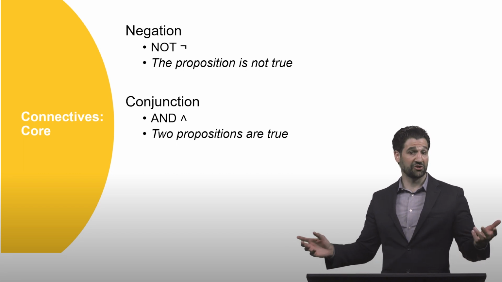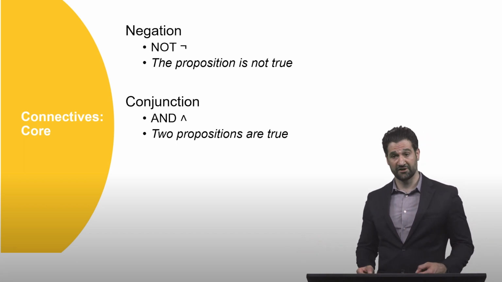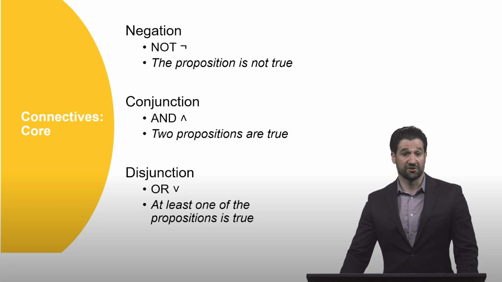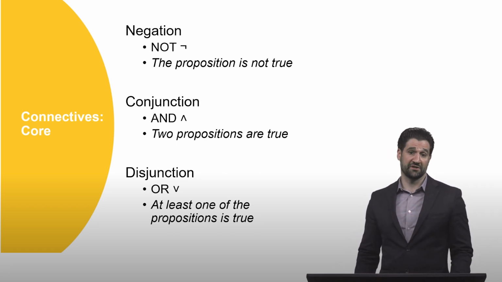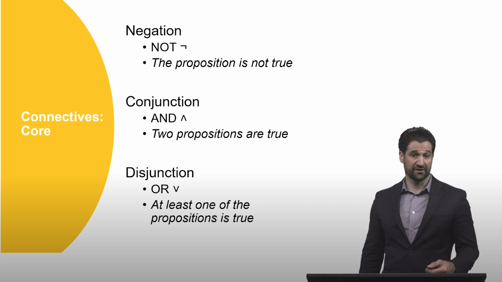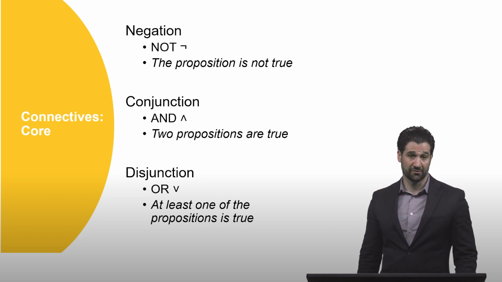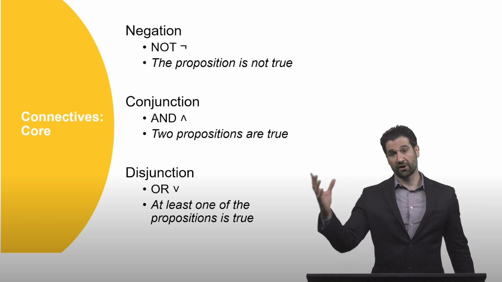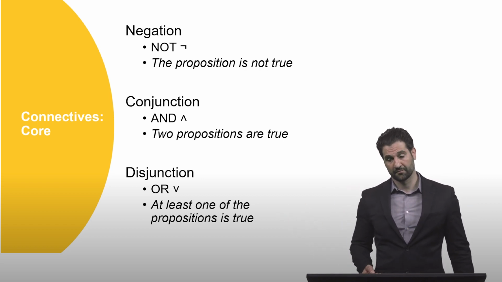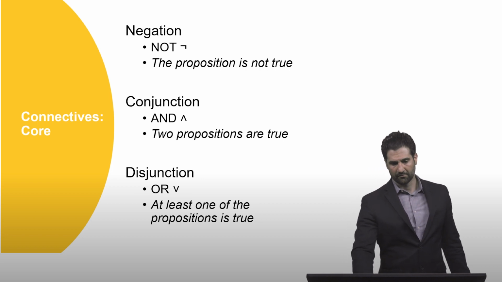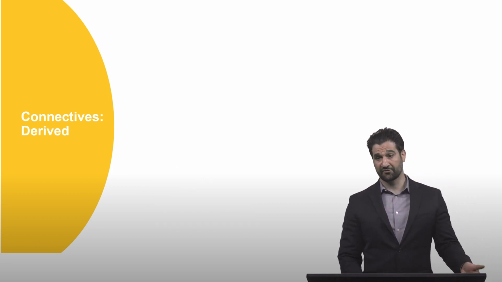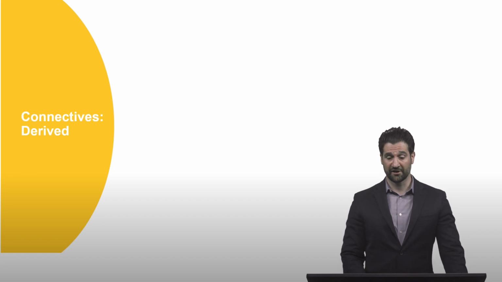So I am wearing a shirt and I am wearing a jacket. Disjunction. At least one of the statements needs to be true in order for the entire statement to be true. So I either have blonde hair or I have brown hair. The next are a set of connectives that can be derived from the ones we showed you on the previous slide.